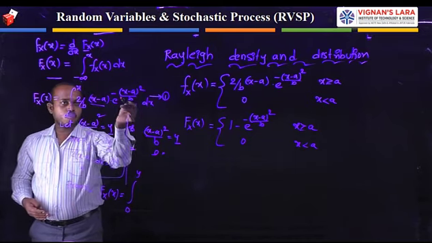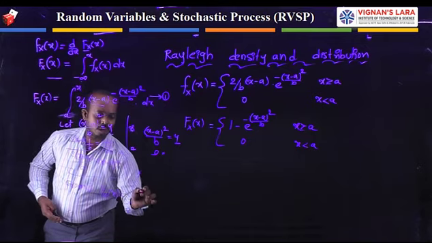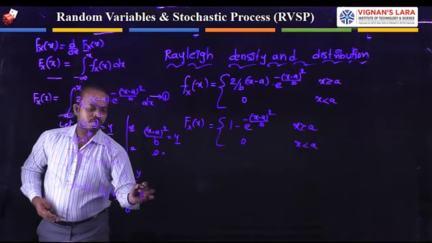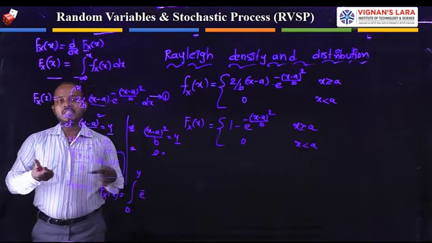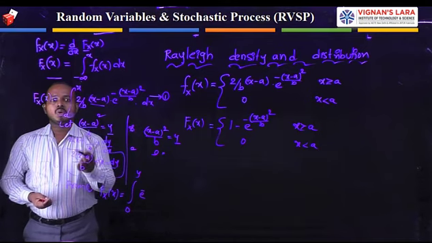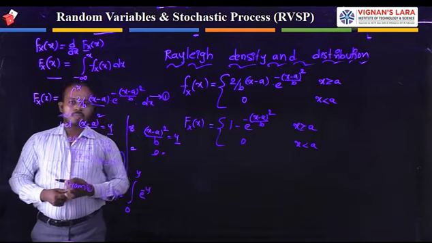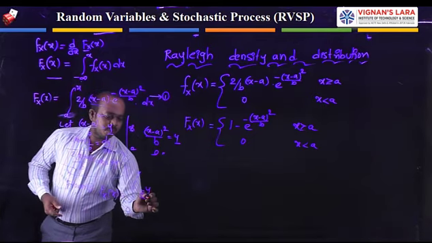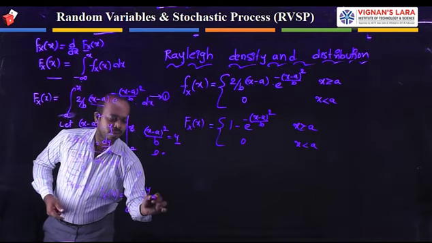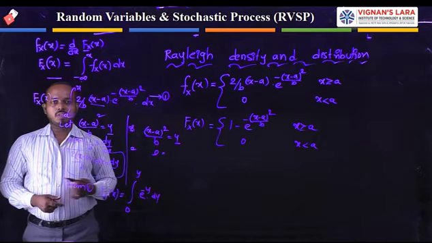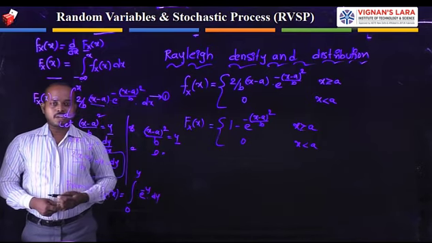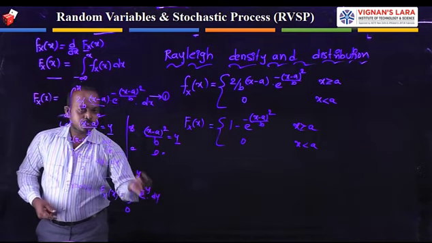Except this term, what term do we have? Exponential, e power minus the remaining term. Already I considered one more variable, the variable y. The remaining terms I am replacing with dy. Now I am applying the integration on the exponential term.